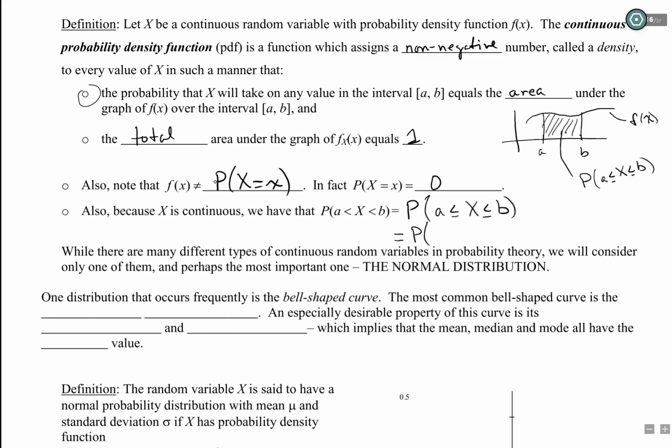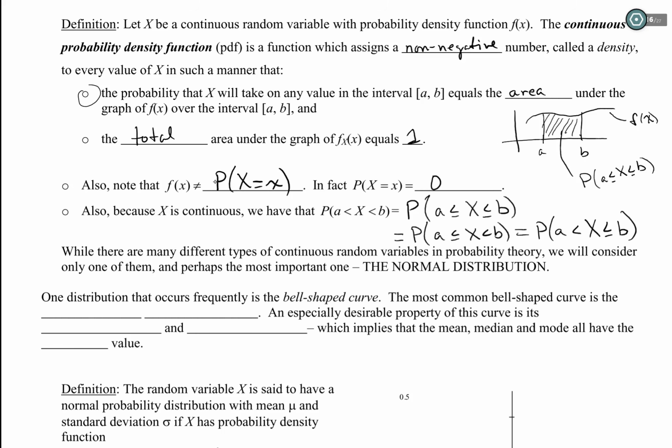So I can have less than or equal to, or strictly less than. I could also have the probability that X is strictly greater than A but less than or equal to B. Anyway, a few results for continuous random variables: probabilities are governed by this thing called a PDF, and probabilities are area under the curve.